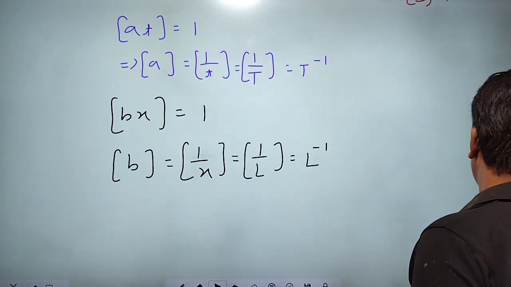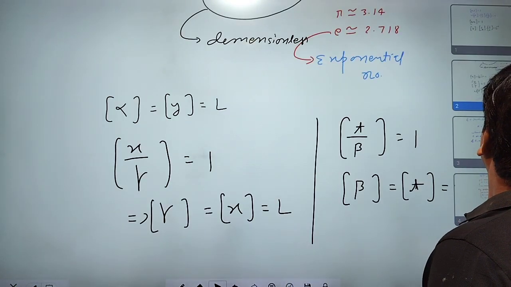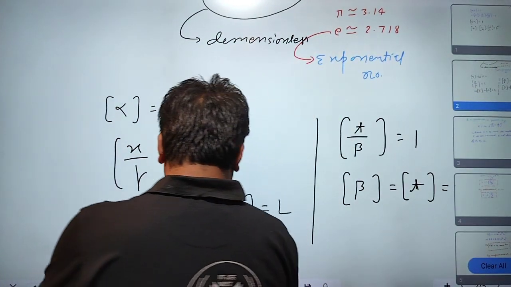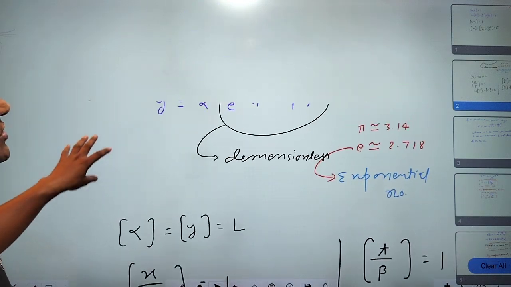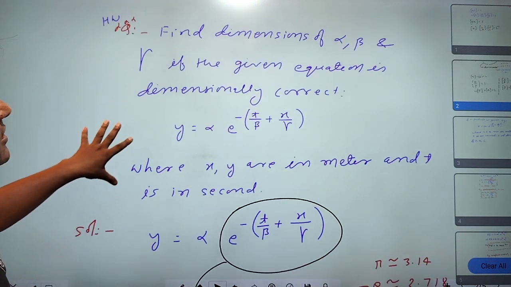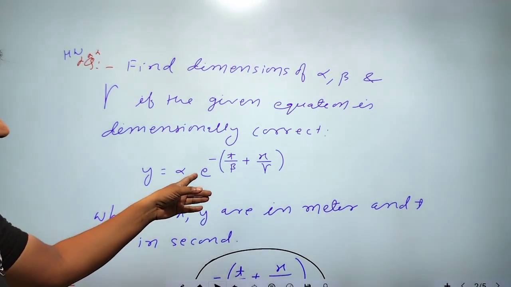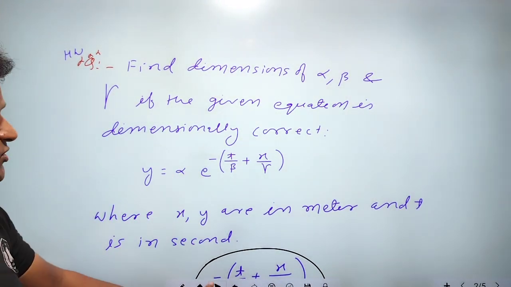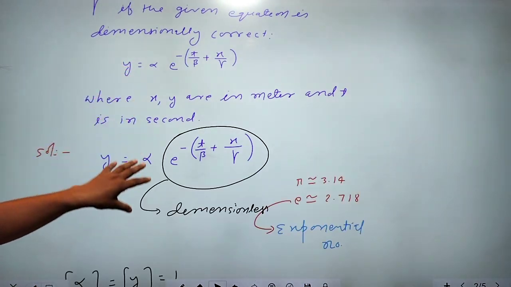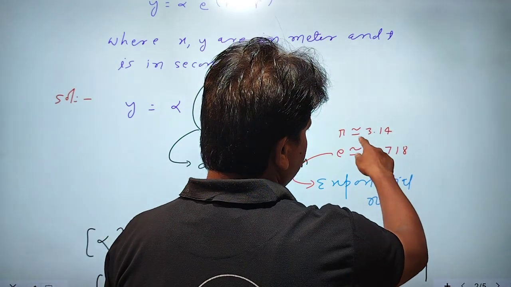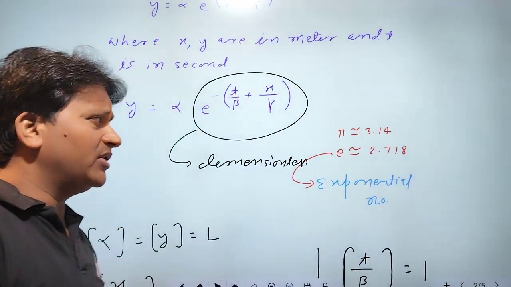Now I am going to solve the next question. This question is like this. Here e is the exponential number. The value of pi is approximately equal to 3.14.